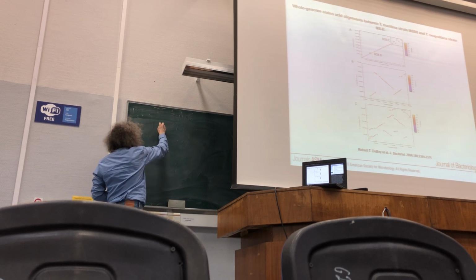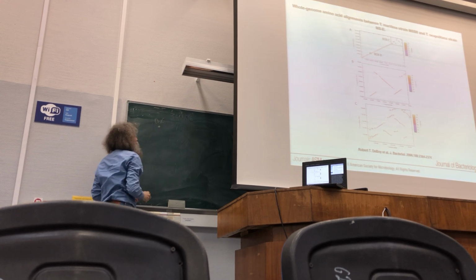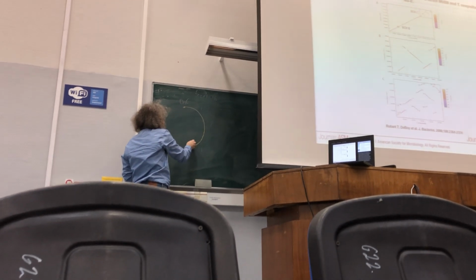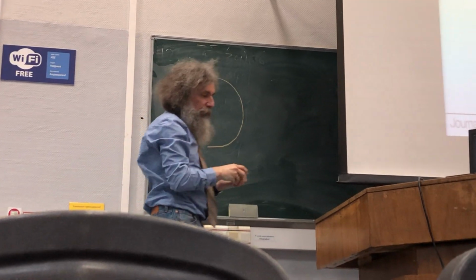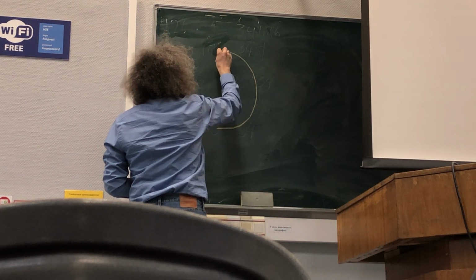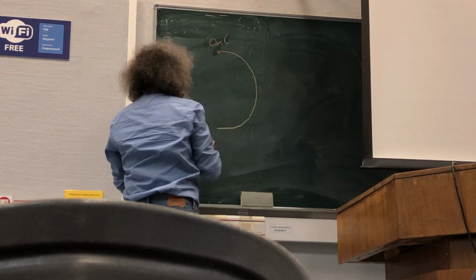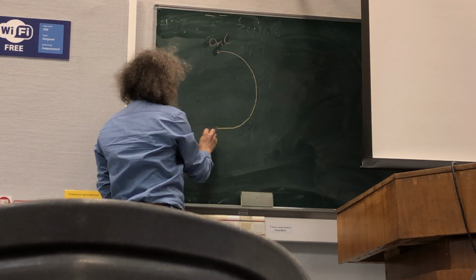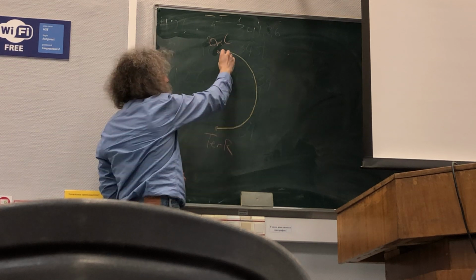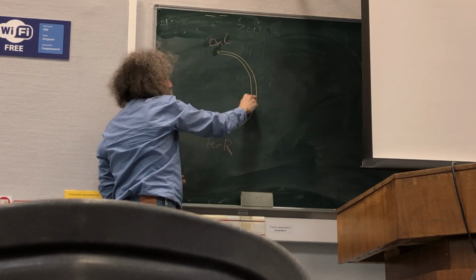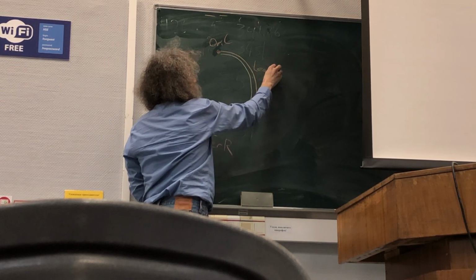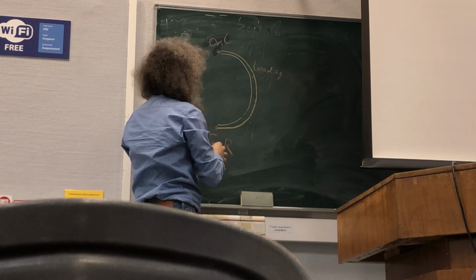Let's assume that replication starts here. Now there is the leading strand until the terminator of replication. And there is this second, lagging strand. So this is leading, and this is lagging.